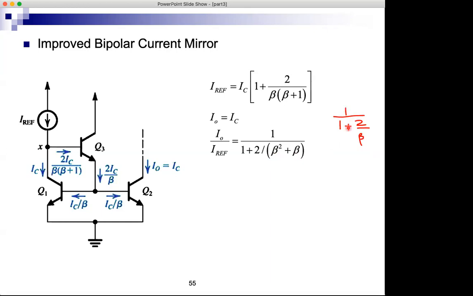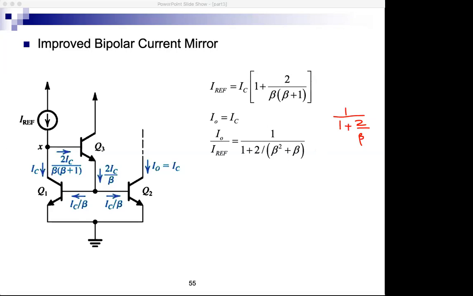Okay, so 1 over 1 plus 2 over beta. Let's take beta to be 50. 1 over 1 plus 2 over 50 is 0.96. So if beta is 50, 1 over 1 plus 2 over beta is 0.96. What about this if beta is 50?